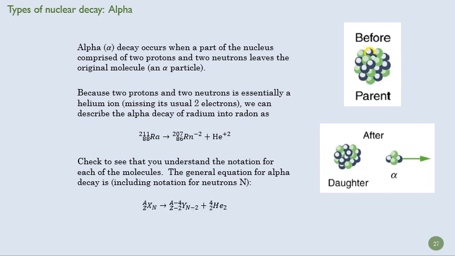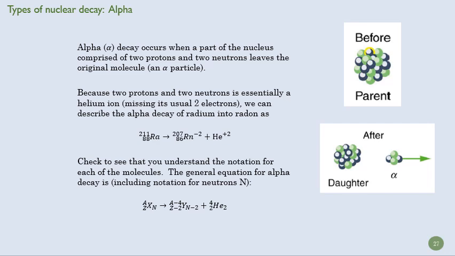So how could we write that in a general form? It would look something like this, where this is the number of neutrons here. And essentially that's just what we've talked about there. So make sure you can look at that and understand that if you need to pause.